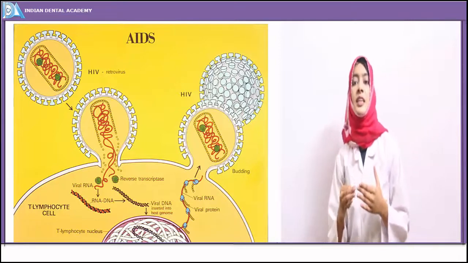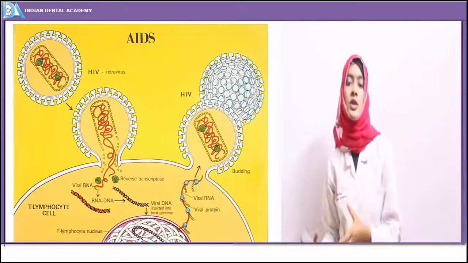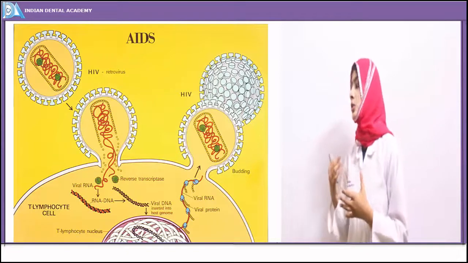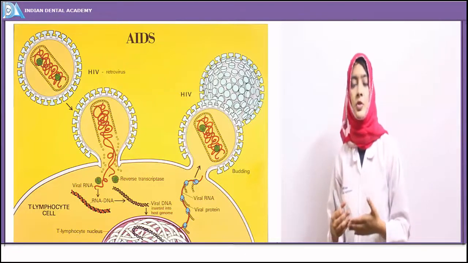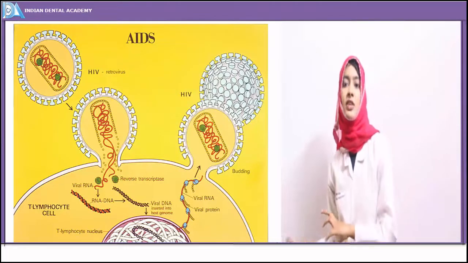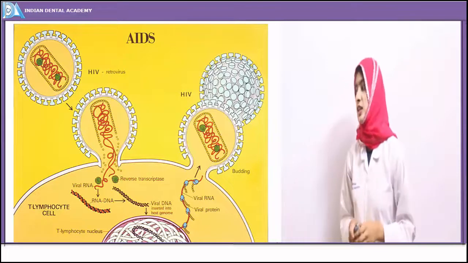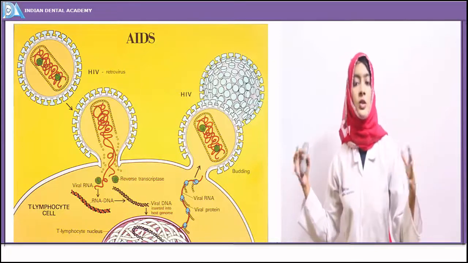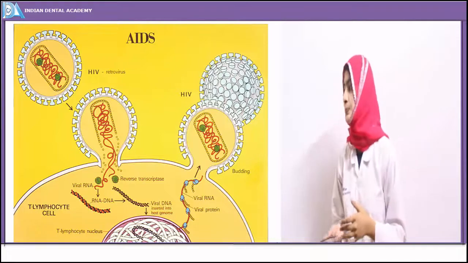This viral DNA is then transported to the host nucleus and gets integrated into it. Then further transcription occurs, and at a later stage the viral DNA is again converted into the RNA genome, viral RNA, and in this way it goes on spreading to the whole body.